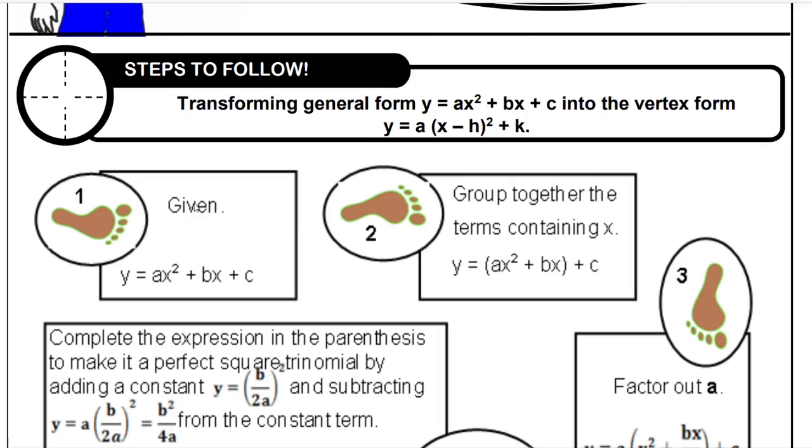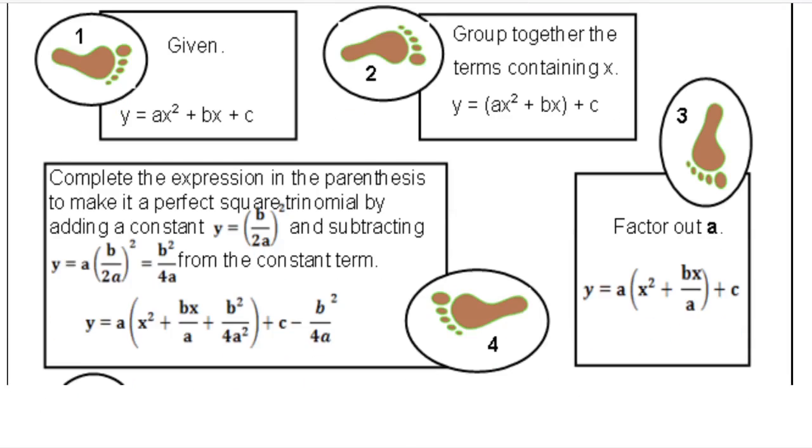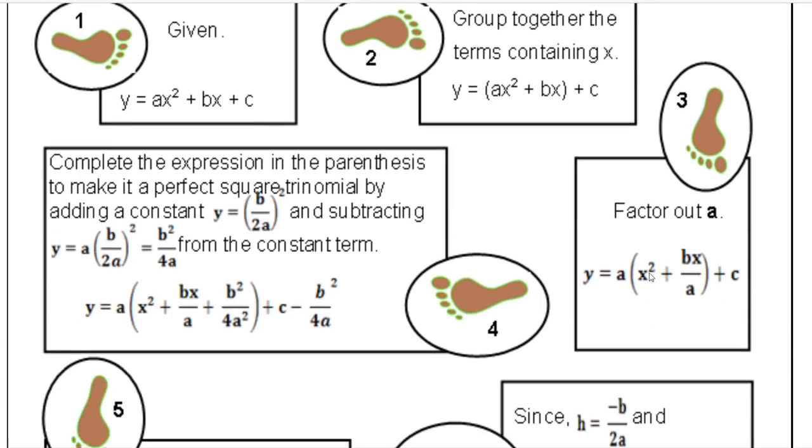So our given is the general form. Then step 2, you have to group together the terms containing x. So you just put a parenthesis or group the terms with x. Step 3, factor out a.